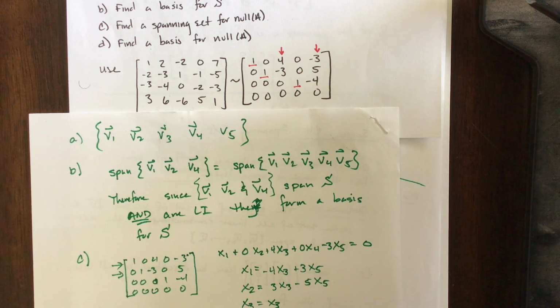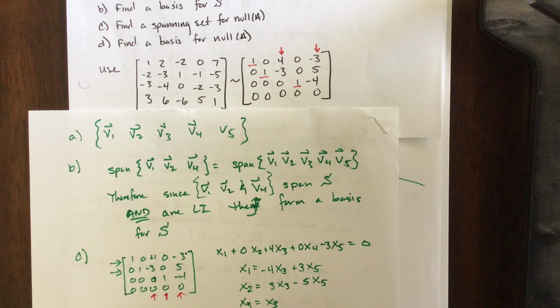You see what I did was I took all the columns that did not have a pivot. Sorry, that one does, that one doesn't. And I let those values be equal to themselves, whereas everywhere that did have a pivot, I wrote it in terms of the free letters.